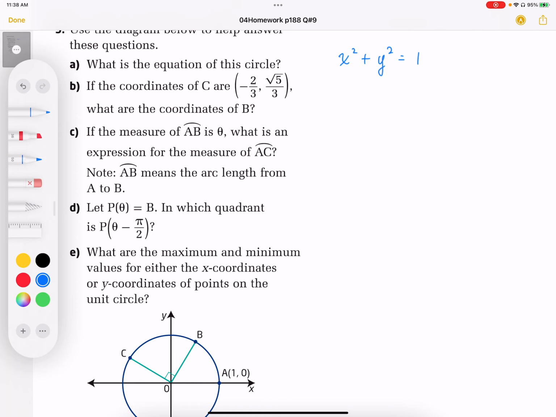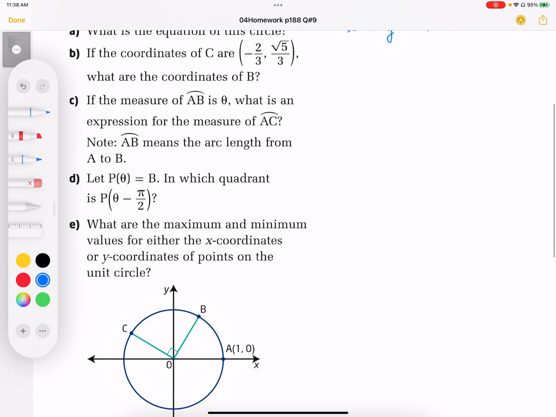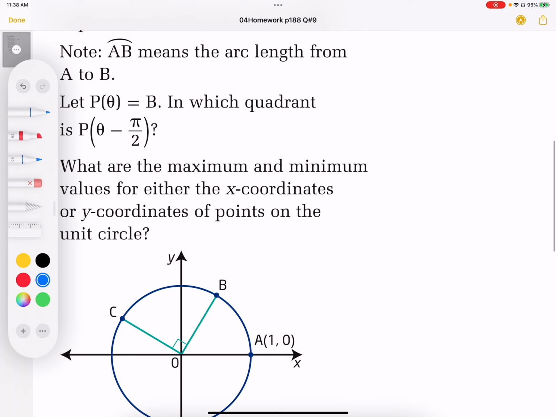It says the coordinates of C are negative 2/3 and positive root 5. Okay, so I'm just going to put that in, negative 2/3 and positive root 5, and just confirming that this is a radius 1. I can square that. I get 4 plus 5 is 9 over 9, so that gives me 1. So that definitely is radius 1.